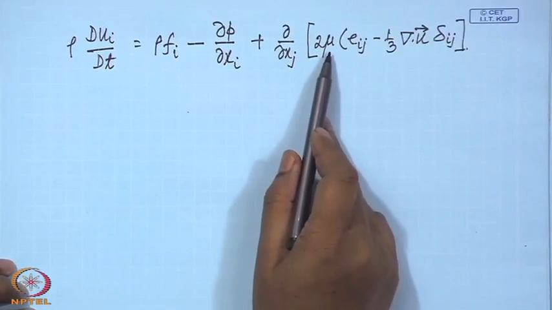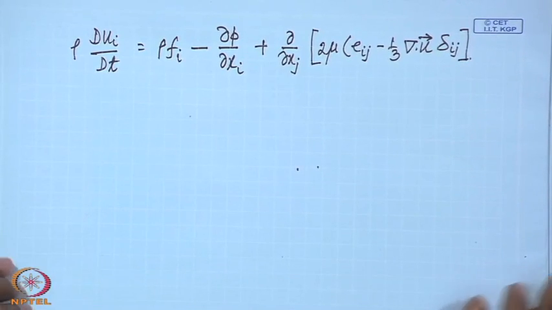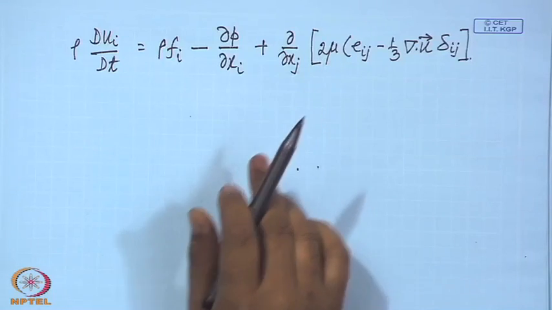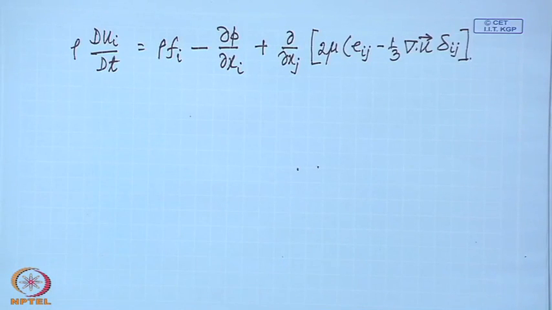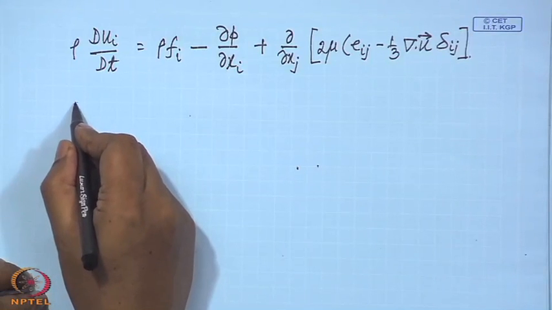There are many flow problems in practical applications where the temperature variation is negligible. In that situation, if there is practically no change in temperature, then mu can be taken as constant.